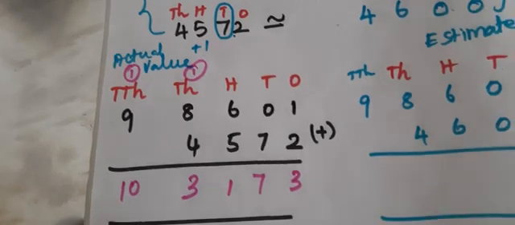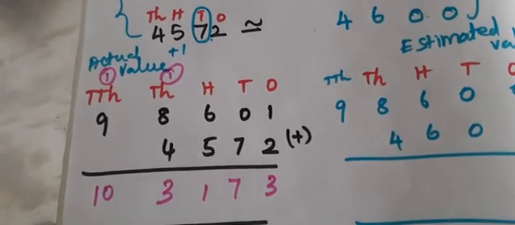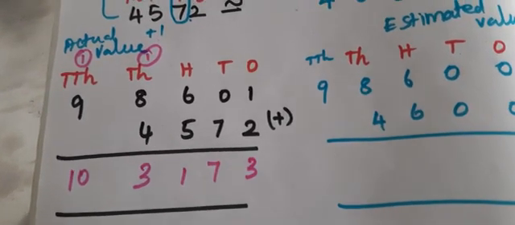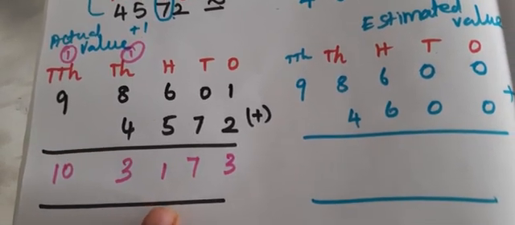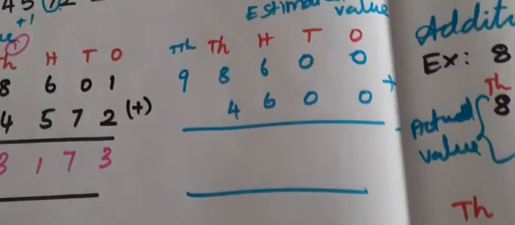So this answer we call the actual sum. Next I am going to find the estimated sum. First we proceed at which place?